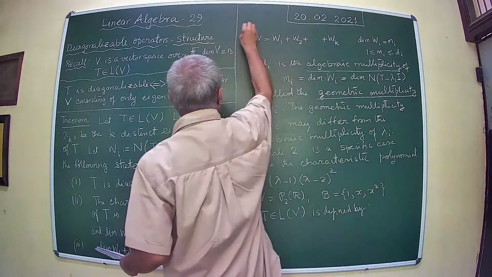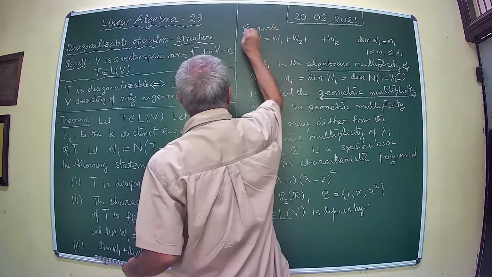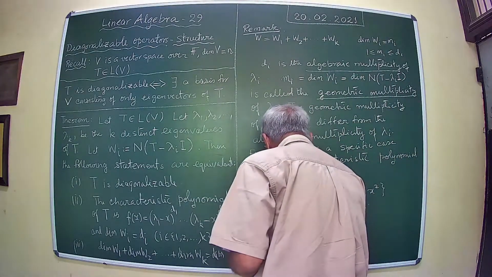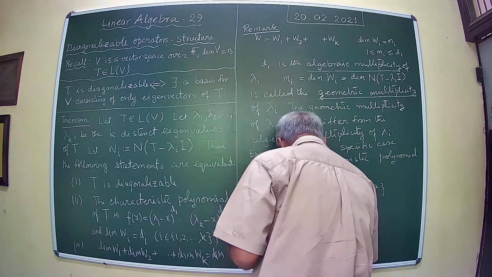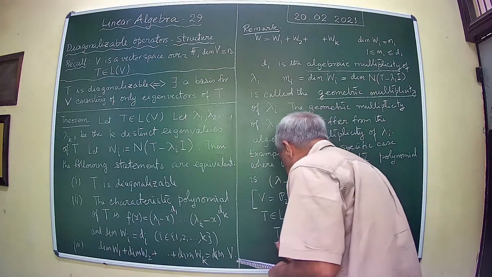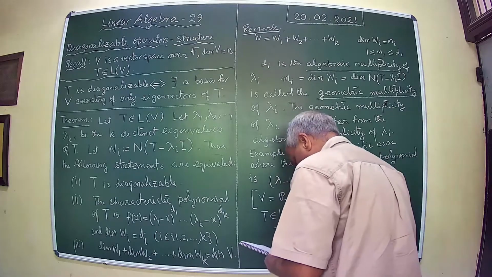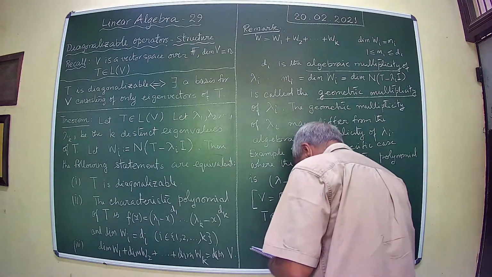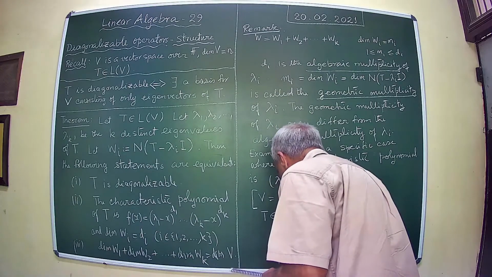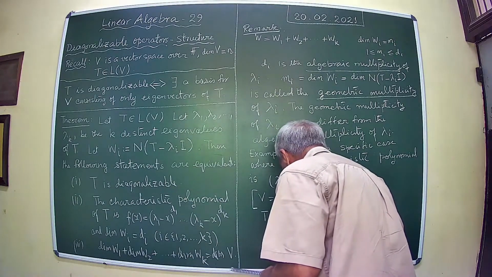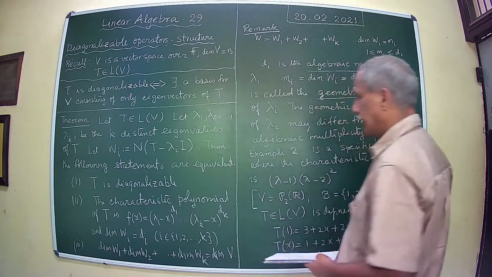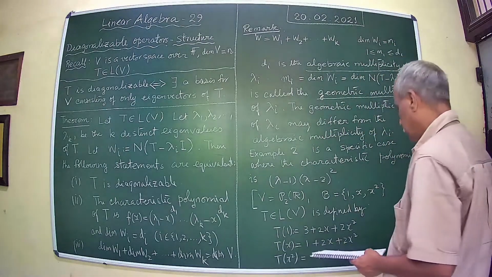It's defined by T(1) equal to 3 plus 2x plus 2x squared, T(x) equal to 1 plus 2x plus 2x squared, and T(x squared) equal to minus 1 minus x, and then extend that to the whole space.